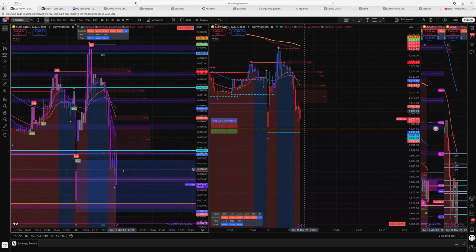So yeah, it is pushing back down to that zone, family. That was a very quick push down, but it's probably going to go down to 96, quite possibly. This is what I anticipated before.